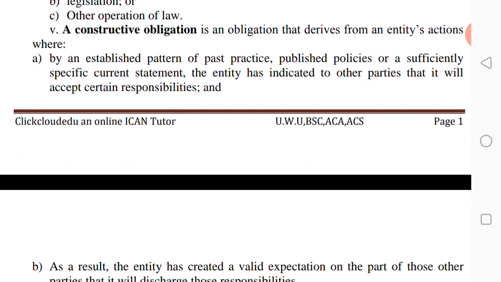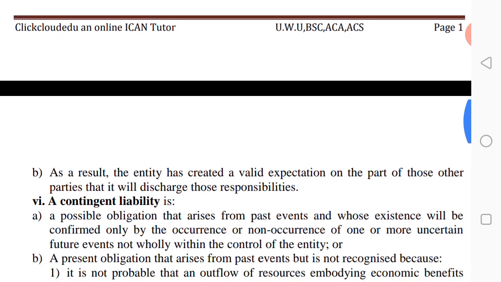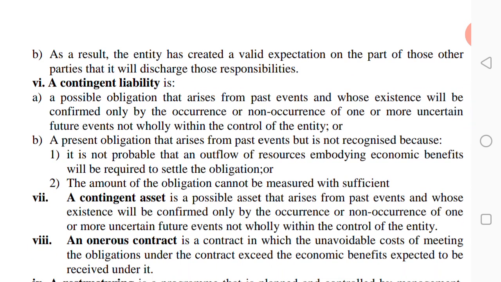So it's an obligation to that company. Another way you can have a constructive obligation is as a result, the entity has created a valid expectation on the part of those other parties that it will discharge those responsibilities. So you've already created an impression to the other party that yes, you're going to do it. For example, you want to be listed on the stock exchange. You have already entered a constructive obligation with the stock exchange, so you have to fulfill the requirements of the exchange.